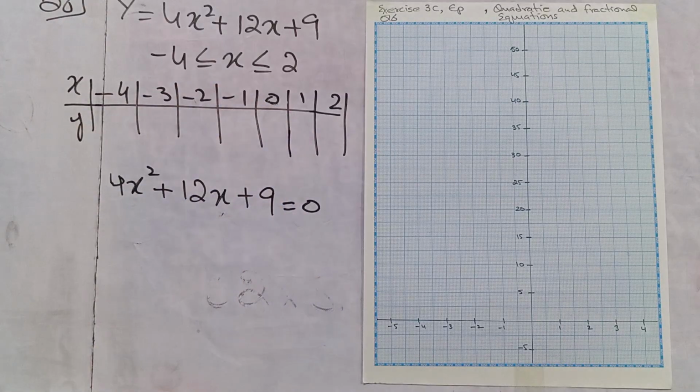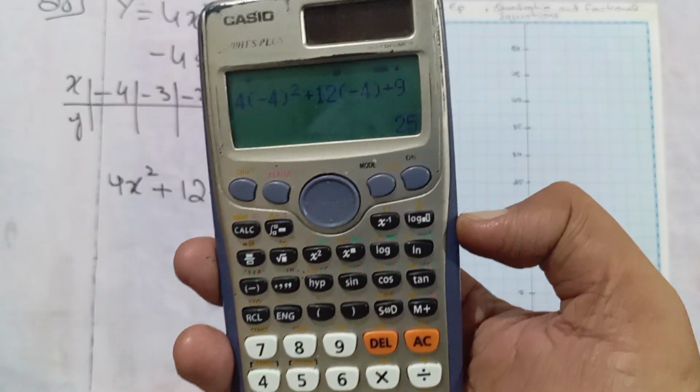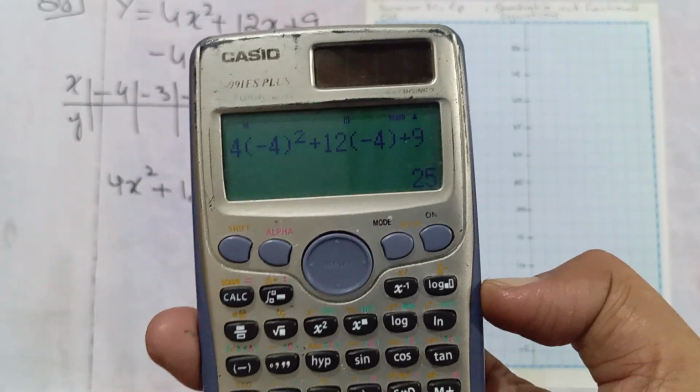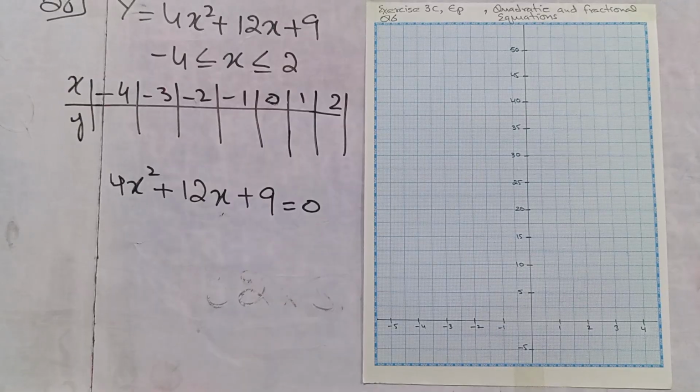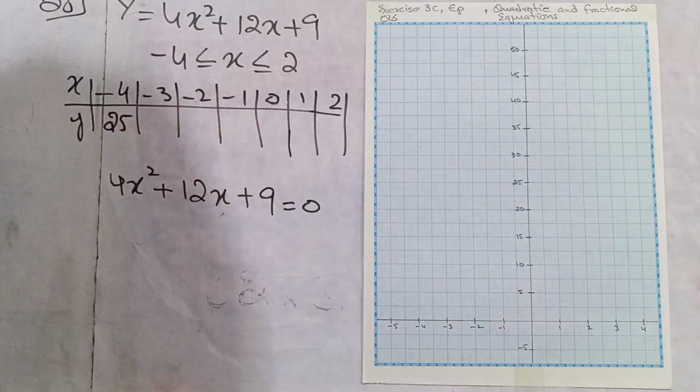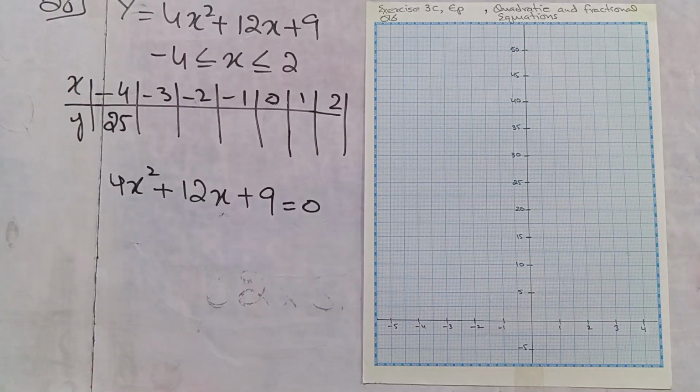So what I will do, 4 bracket minus 4 bracket close square plus 12 bracket minus 4 bracket close plus 9 equals, that's 25. So here I will write 25. Then I substitute x with minus 3 in that equation.